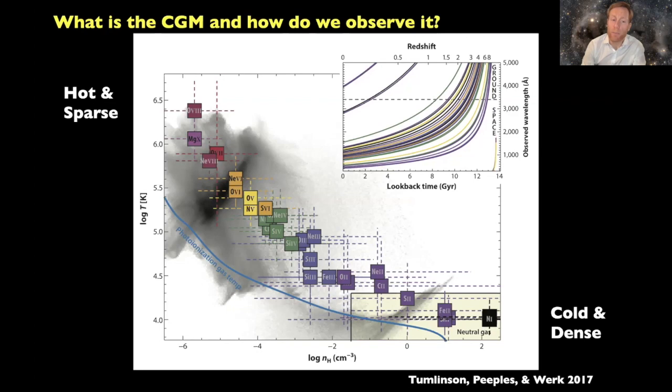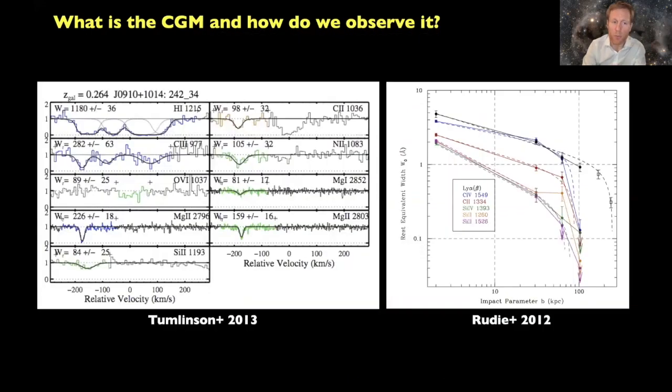And what that means is when you find those particular ions in your spectra, that reveals some information about the state of the gas, the density of the gas, the temperature of the gas, the metallicity of that gas along that line of sight based on what ions are present. And that's what observers do.